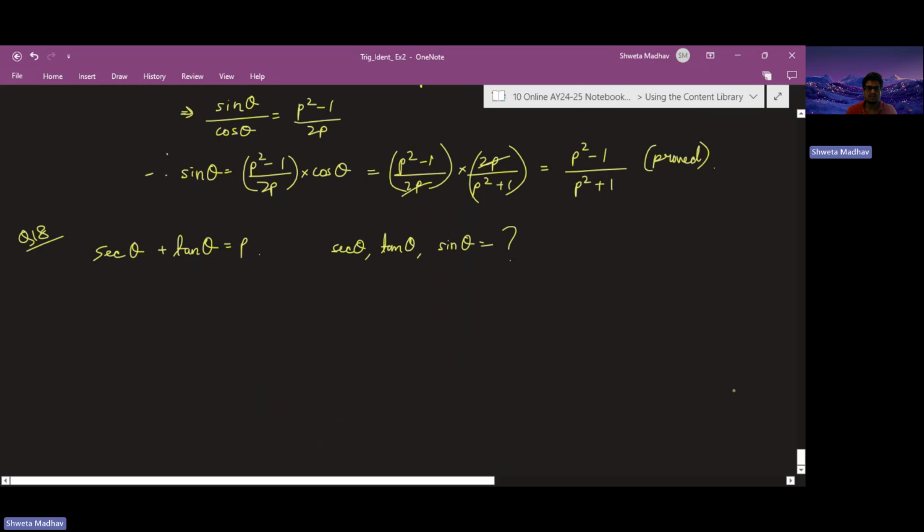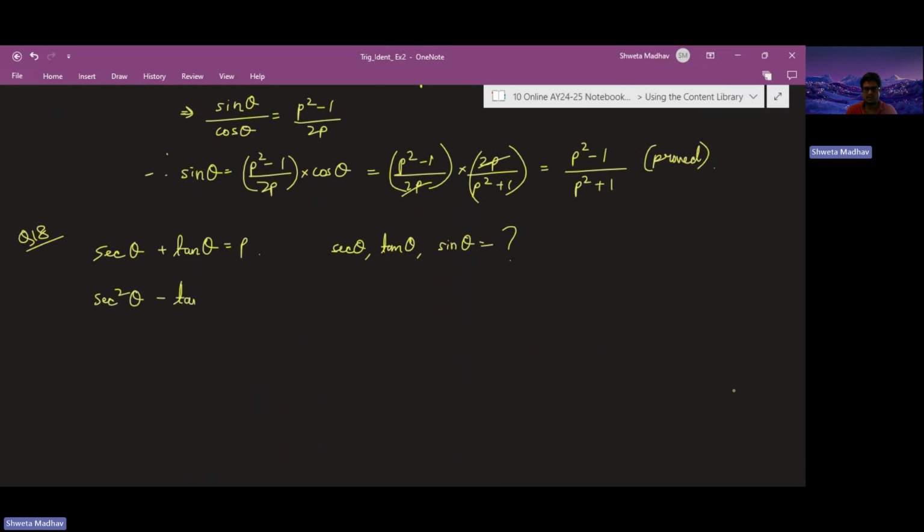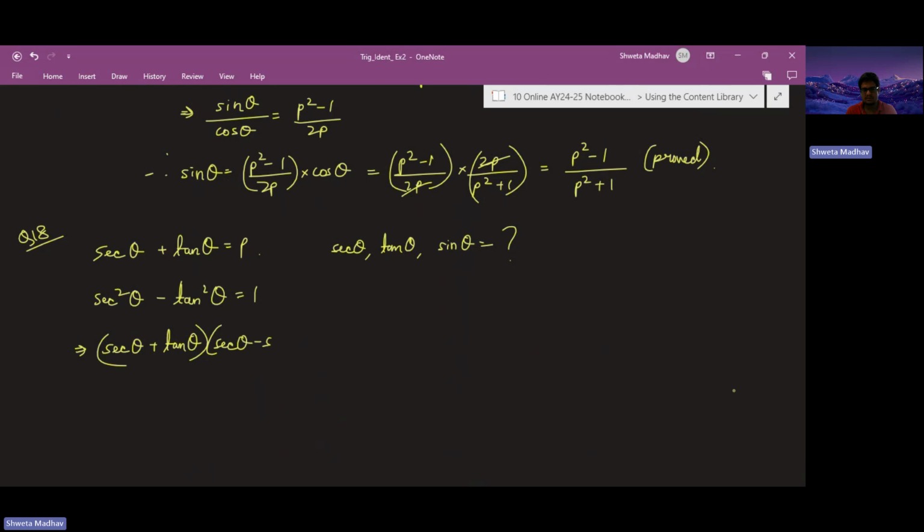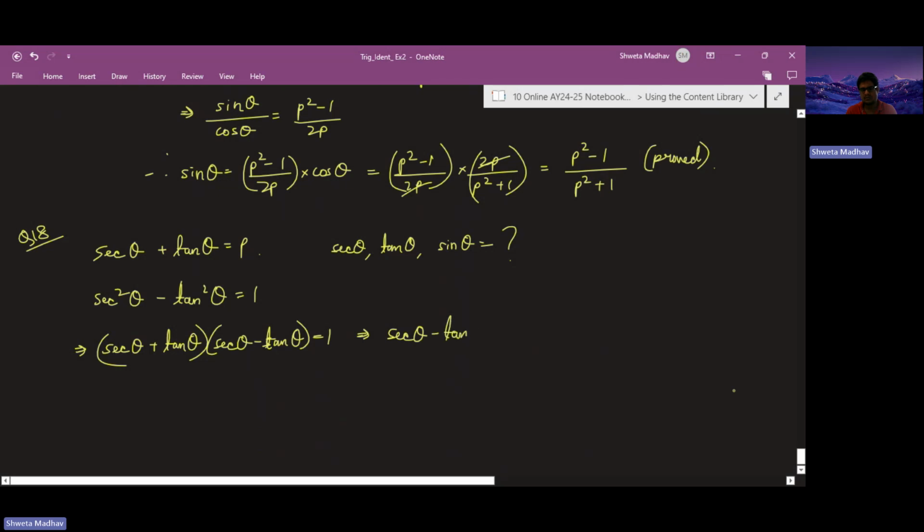As we know, sec theta plus tan theta is p, and sec square theta minus tan square theta is equal to 1. If we factorize it, a square minus b square is a plus b into a minus b. So sec theta plus tan theta into sec theta minus tan theta is equal to 1. Therefore sec theta minus tan theta will be equal to 1 by p.